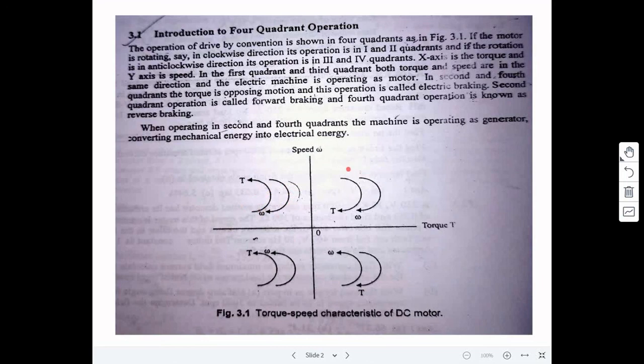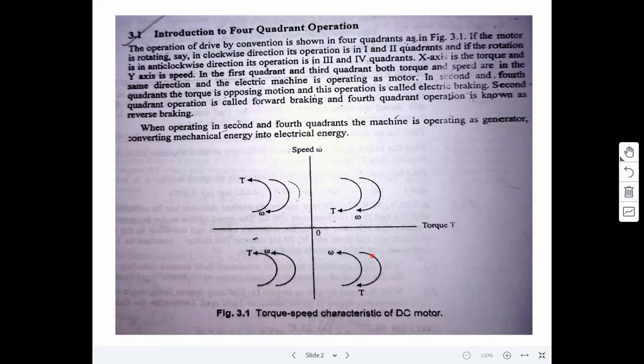So forward, both in the same direction, motoring mode: this is forward motoring. Here, this is forward, both in opposite directions, that is forward braking. Here, both are in the same direction and the speed is in the opposite direction, this is reverse motoring.